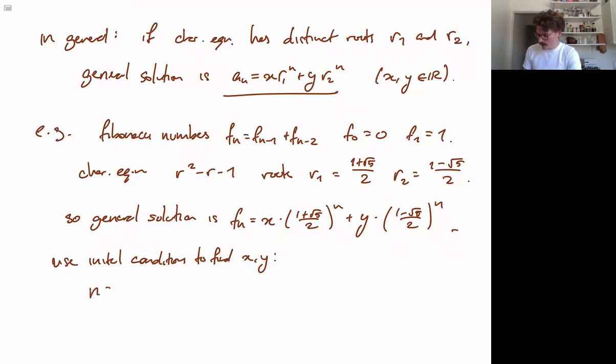So for n equals 0, we get, let's see, f0 is equal to 0. So we get 0 equals, and then plug in n equals 0 on this side. That just makes these terms both be 1, because anything to the 0 is 1. And we get 0 equals x plus y.